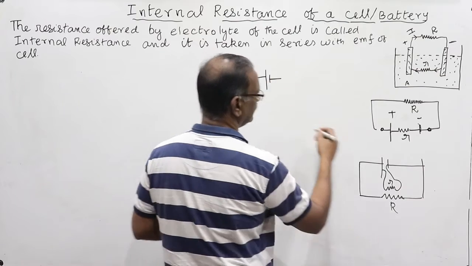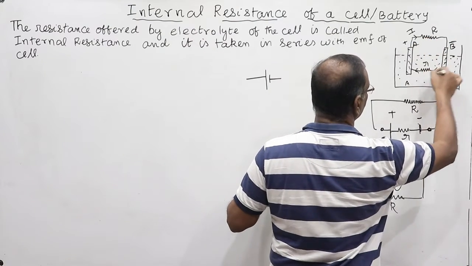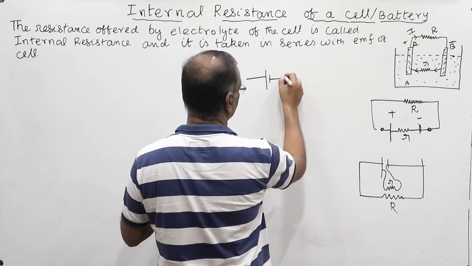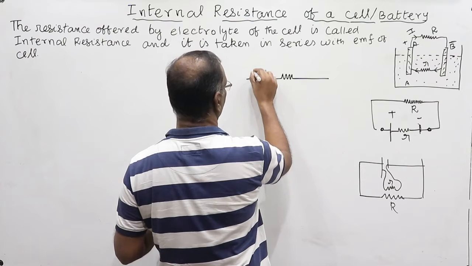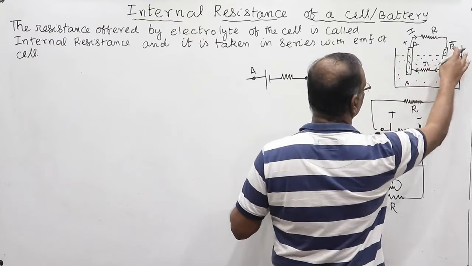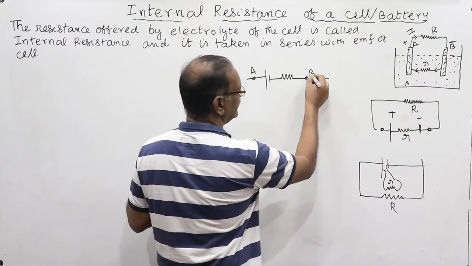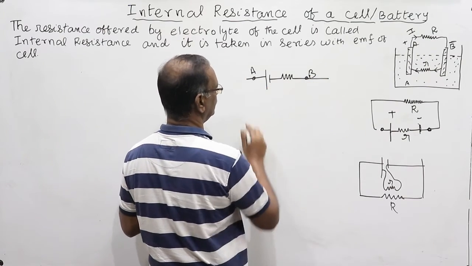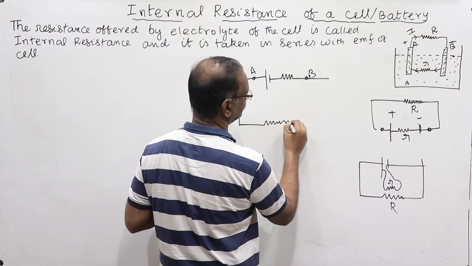This is point A and this is point B. Between points A and B there is an internal resistance, but in the circuit diagram we represent it outside, between point A and point B, and the external circuit is connected like this.